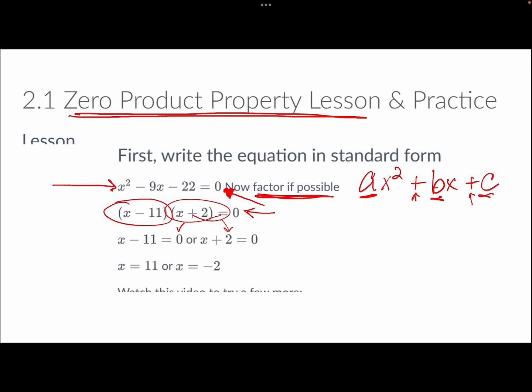Okay, so once you get it factored, you write 2 different equations, one-step, pretty simple equations. They could be a simple 2-step equation, as we'll see. And so that means that x either has to be 11, that's one of my solutions, or -2. Because either one of those, when I plug it in, will give me something equal to 0. And that gives me my 2 solutions.